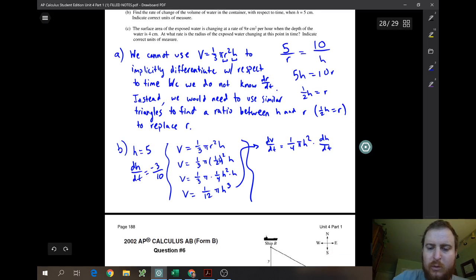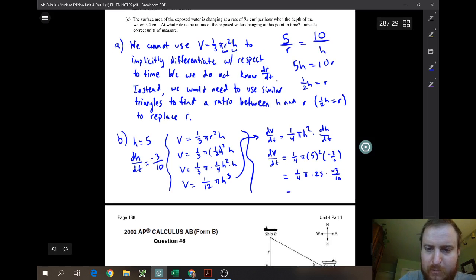And then we're going to get dV dt equals 1/4 pi times 5 squared times -3/10. And this will give us 1/4 pi times 25 times -3/10. And so that ends up being -75/40 pi, which we can go ahead and simplify.